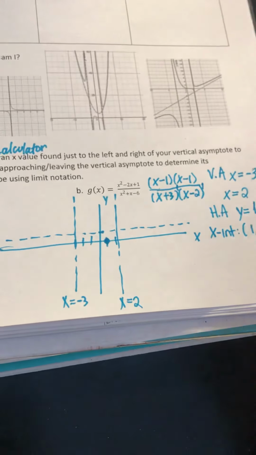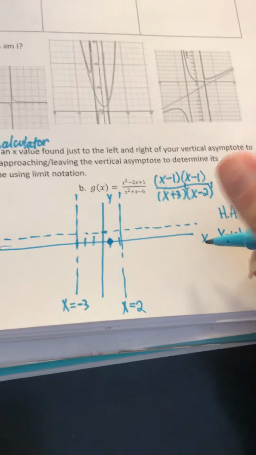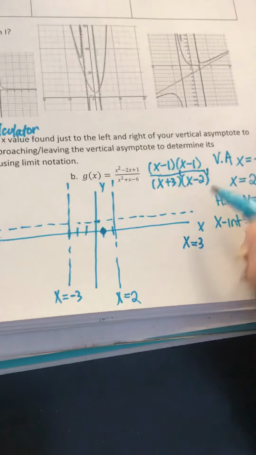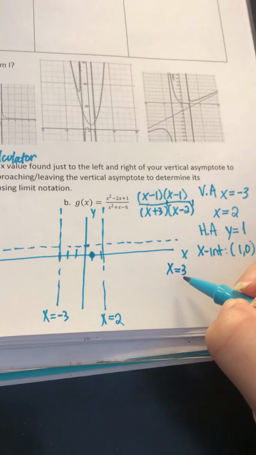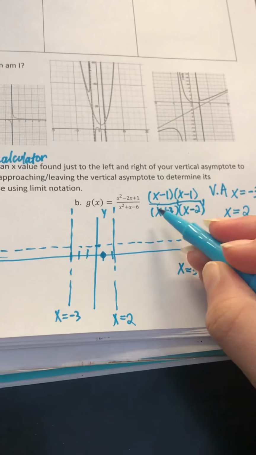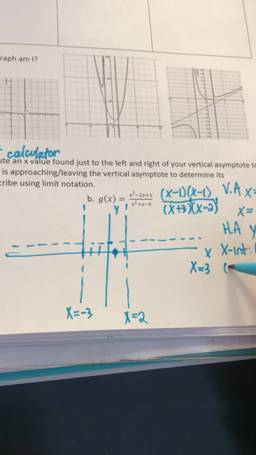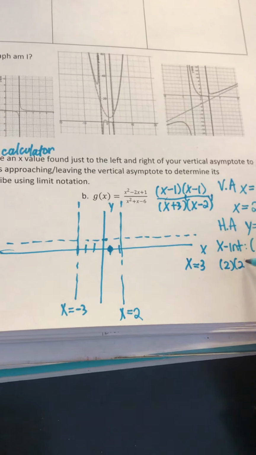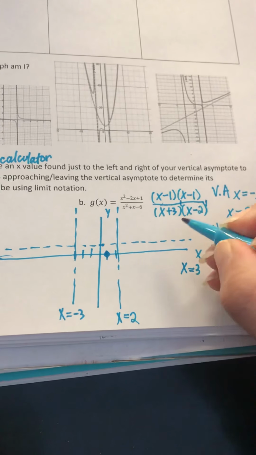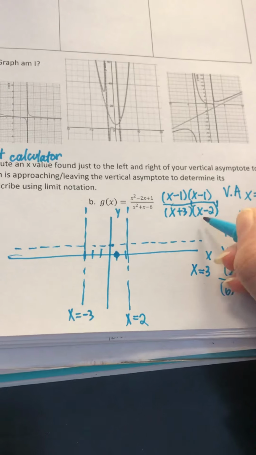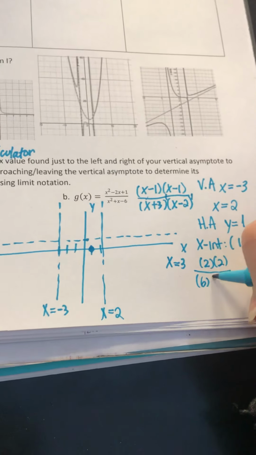We're going to go ahead and plot some points. So I'm going to go ahead and try x equals 3. What would happen if I substituted x equals 3 in for x? So 3 minus 1 is 2, times 2, over 3 plus 3 is 6 times 3 minus 2 is 1.